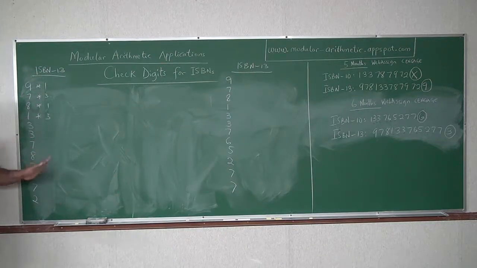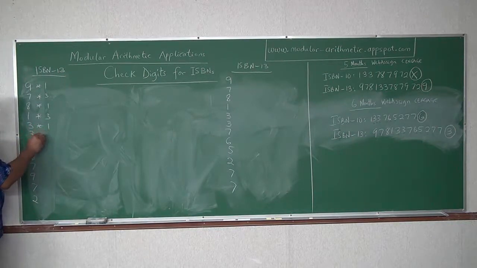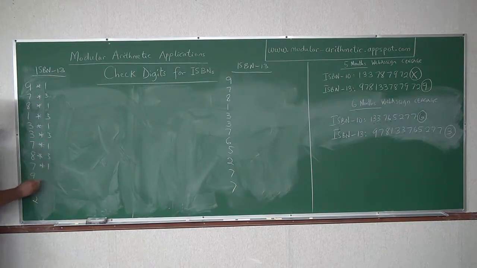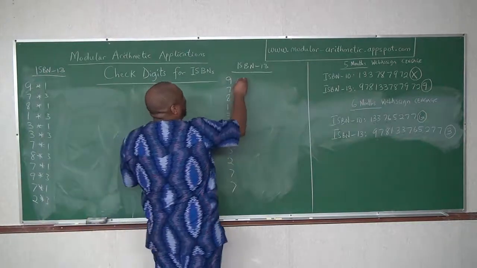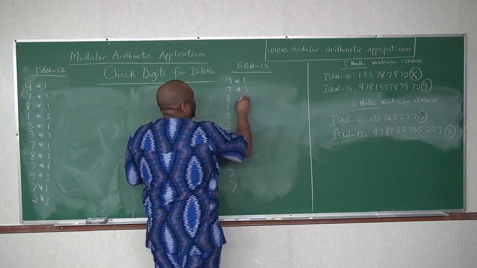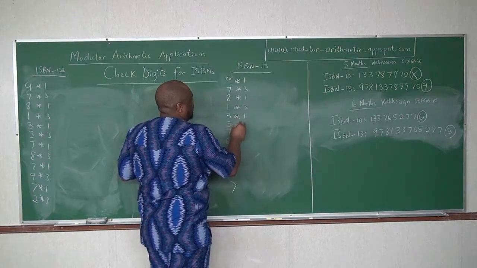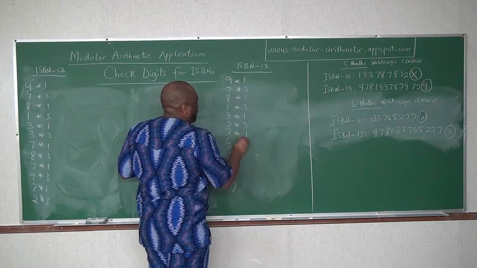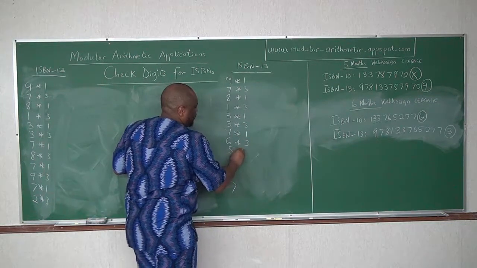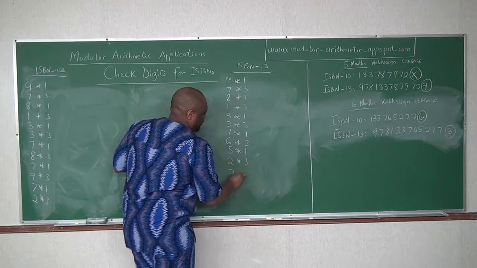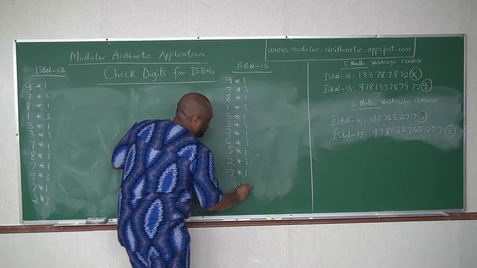That is the method to do it. Times 1, times 3, times 1, times 3, and so on across all the digits.